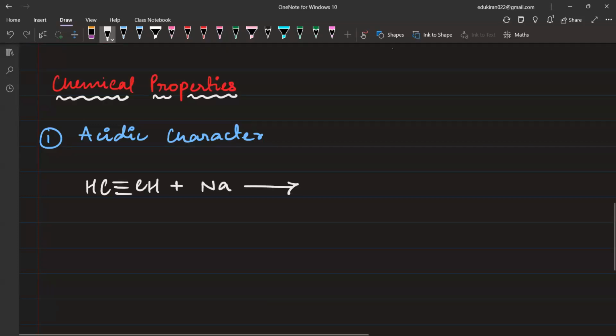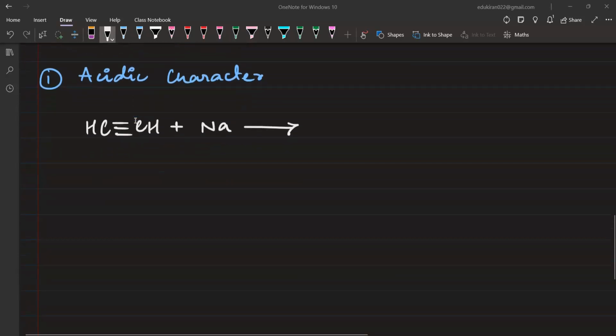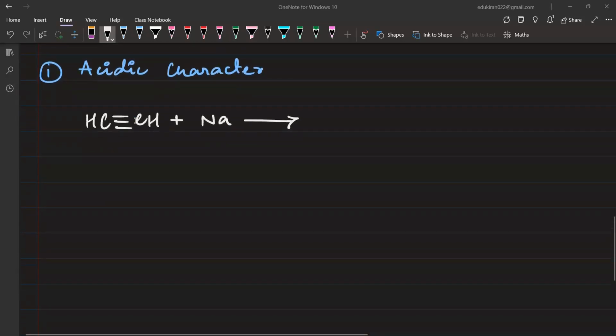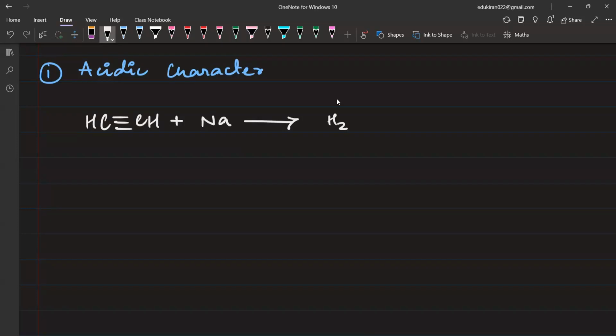Now, I don't know whether you remember it or not, but an acid reacts with metal to give hydrogen gas. If you are reacting a compound with metal and it gives hydrogen gas, that means it is an acid. What happens basically, here you get H2 plus H, C triple bond C negative and Na positive.